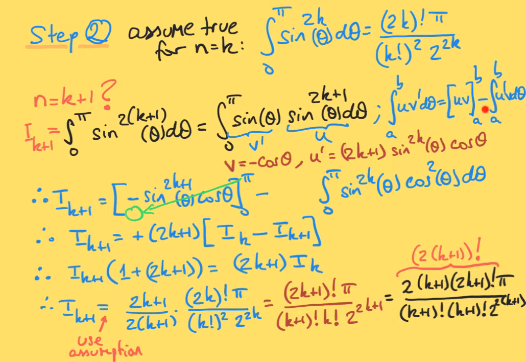What about the second term in the integration by parts formula? So we have a minus sign, and then we're integrating from 0 to pi u prime. Now u prime has a 2k plus 1 factor in front of it. That does not depend on theta, so we can take it straight outside of the integral. So I'll put 2k plus 1 outside of the integral.